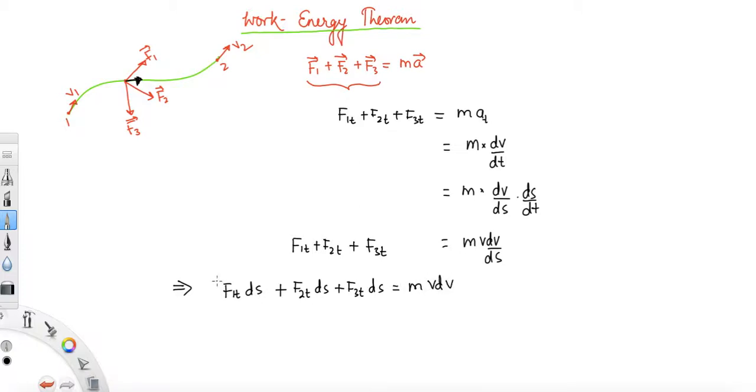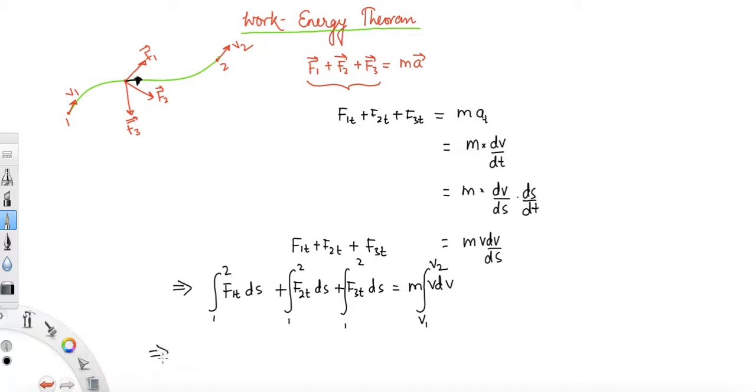When we integrate both sides from the initial point to the final point, the mass is constant and comes out of the integration, and the initial speed is v1 and the final speed is v2.